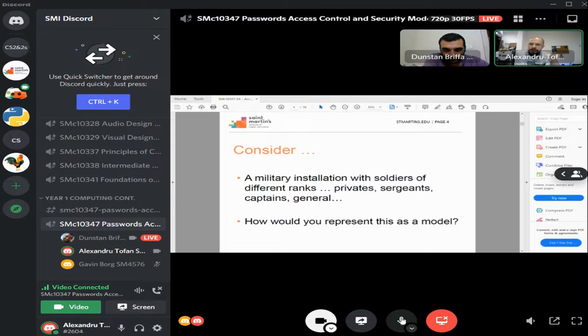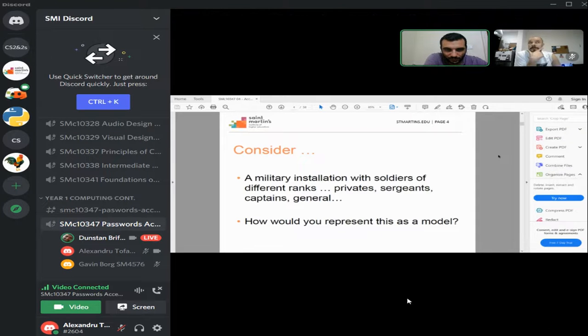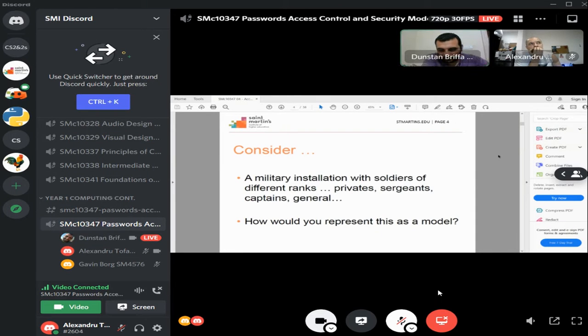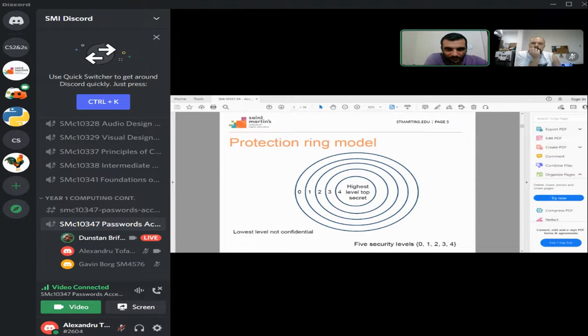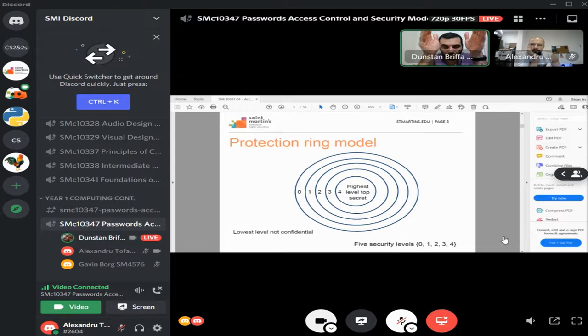We may have mentioned it briefly in the first lesson, don't worry. The idea is to have something like this for what is called the military model. And as I said, next week we'll discuss it a little bit more.